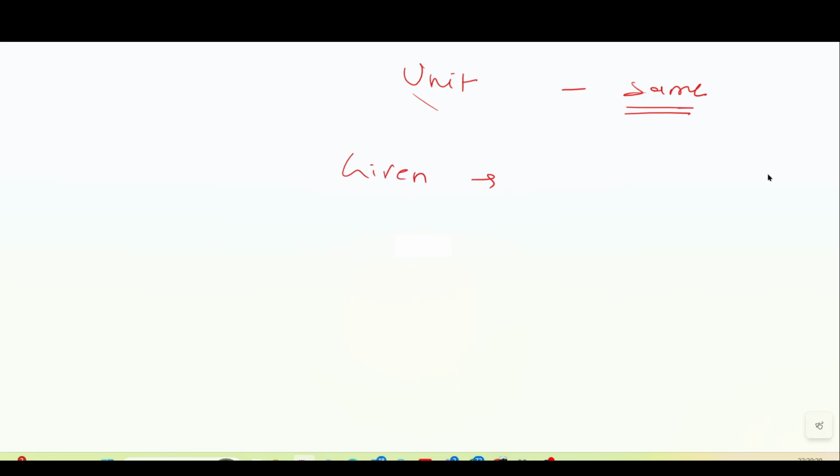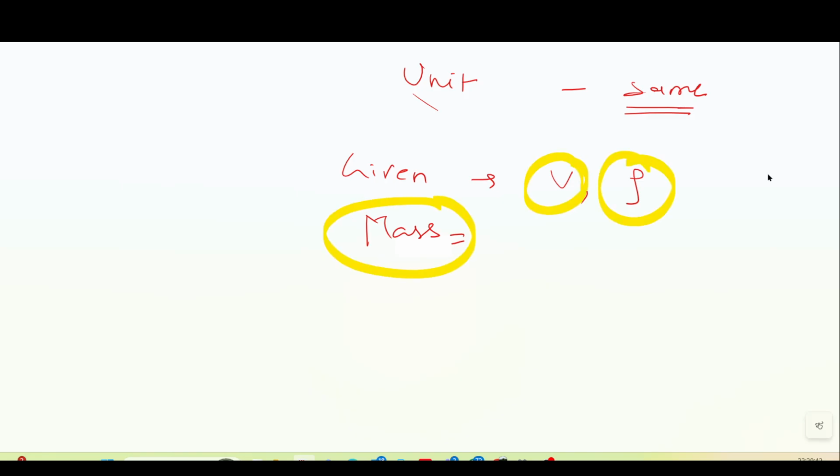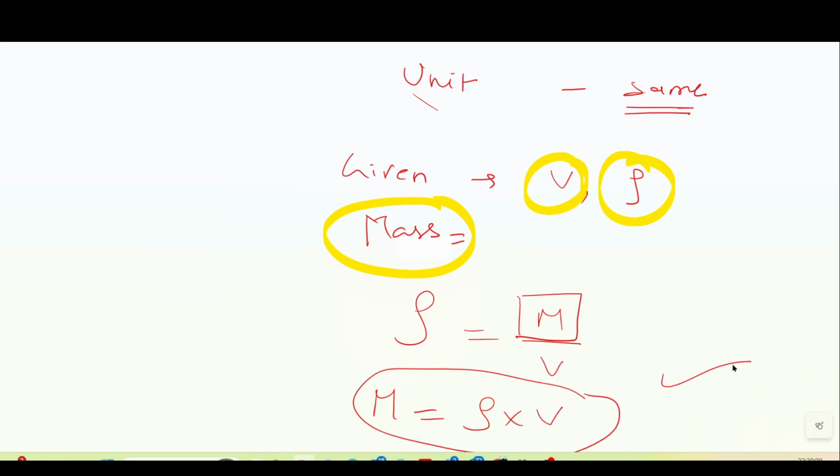Suppose you are given volume and density and you have to find mass. You go into the sheet and find the formula with these three things: mass, volume and density. Density equals mass by volume. Then rearrange the equation according to what you have to find. You need mass, so you keep mass on one side and rearrange, and that's how you get the answer.